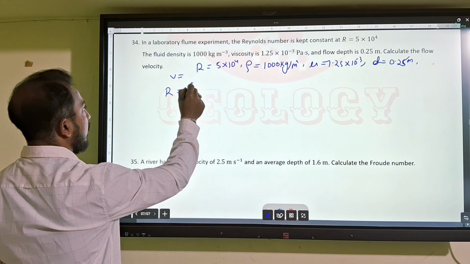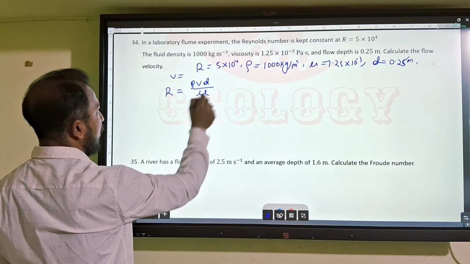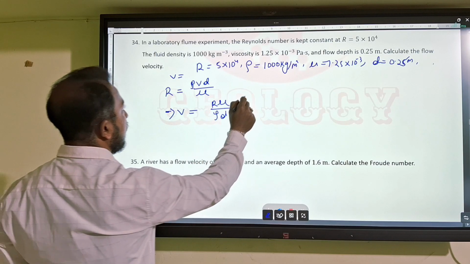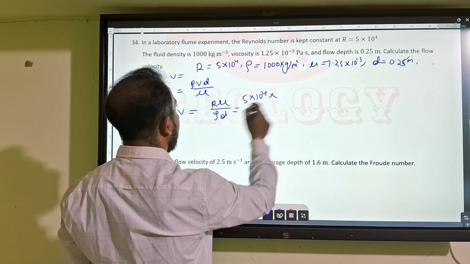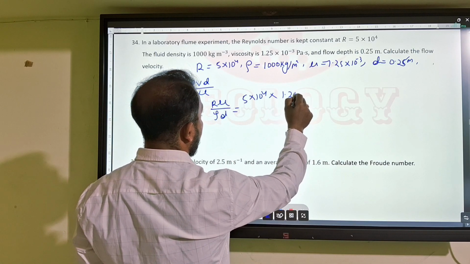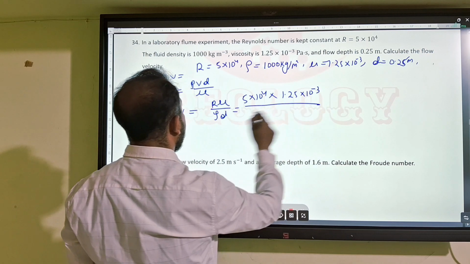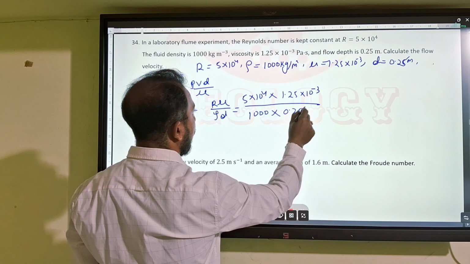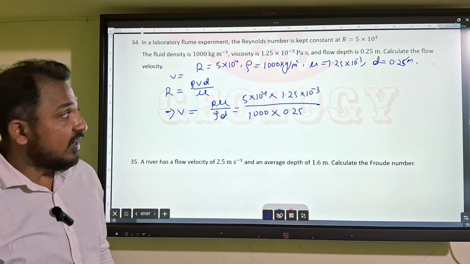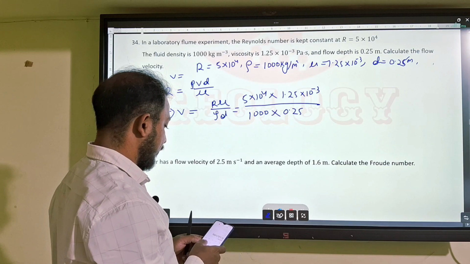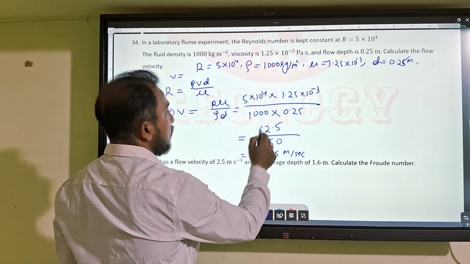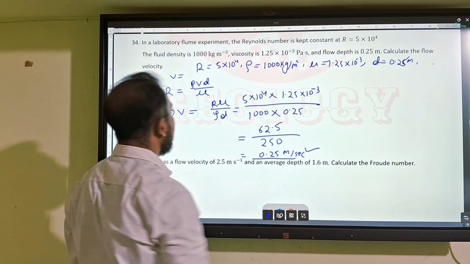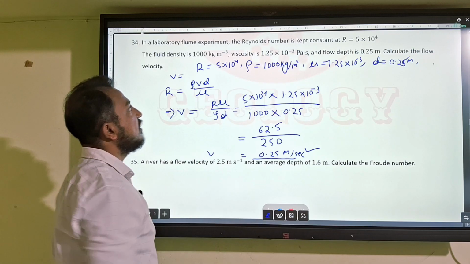The formula is rho V D divided by mu, so velocity will be R into mu divided by rho into D. R is 5 into 10 to the power 4, into mu, 1.25 into 10 to the power minus 3, divided by rho, again 1000, into D, 0.25. All are in the same unit, so we don't need to convert anything. Now we will only calculate. This much will be 62.5 and this will be 250. So the answer will be 0.25 meter per second. The velocity will be 0.25 meter per second.